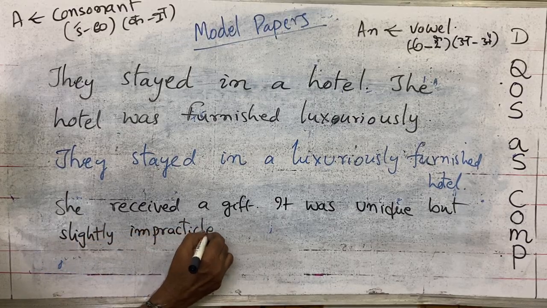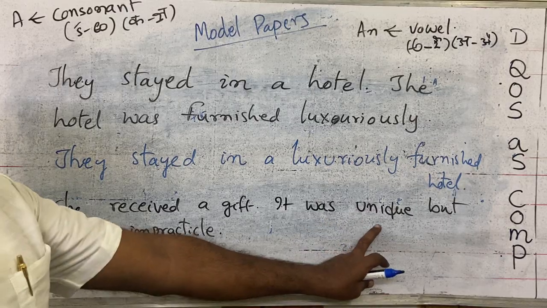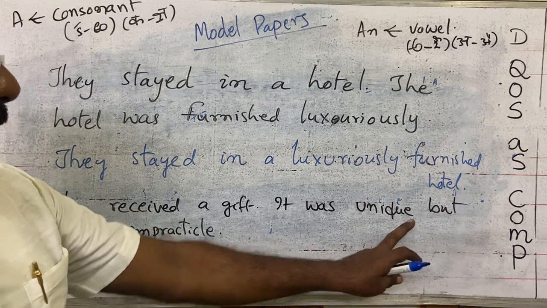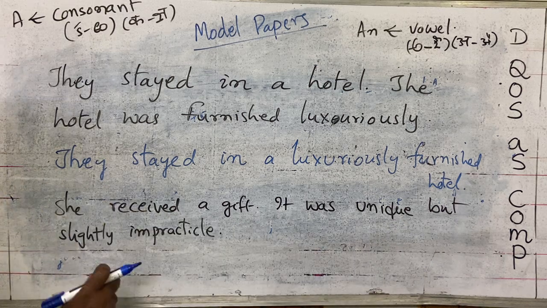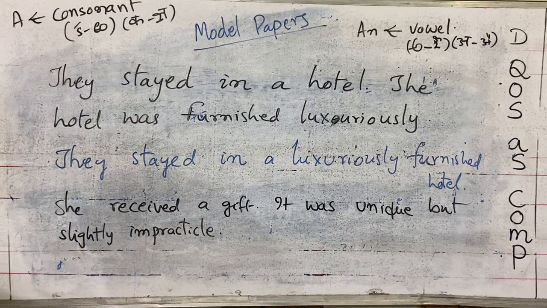Maybe different, quite different. How is the gift? It is slightly impractical, and also he is saying unique. Described by adjectives, so like that: a slightly impractical, unique gift.